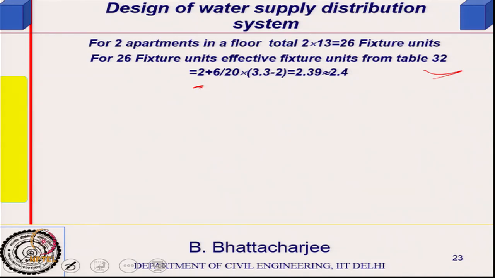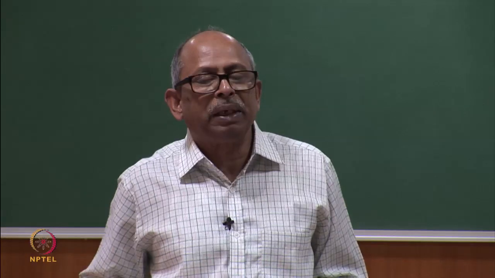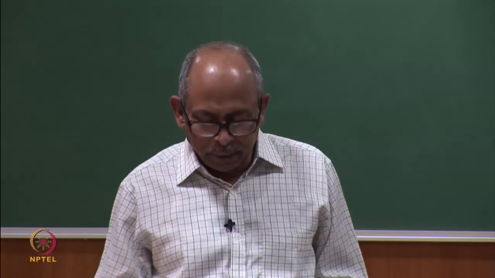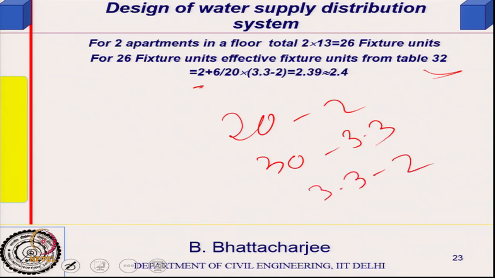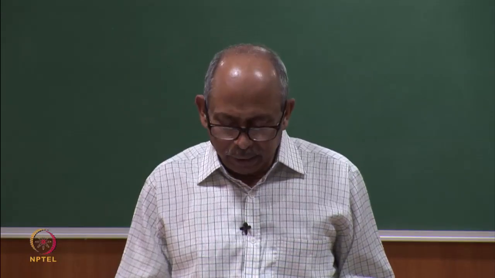For 30 fixture units, the table gives the effective number of fixture units to be taken as 3.3, and for 20 it is 2. The difference, 3.3 minus 2, is to be distributed over 10. So, multiply 6 divided by 10 into the difference, and you get about 2.4. So 2.4 is the fixture unit by doing a simple interpolation: 2 for 20, with an additional amount for 6. So, that is how we find out.